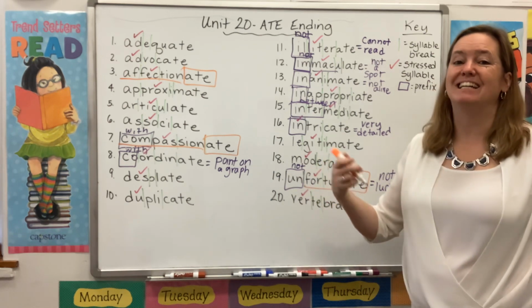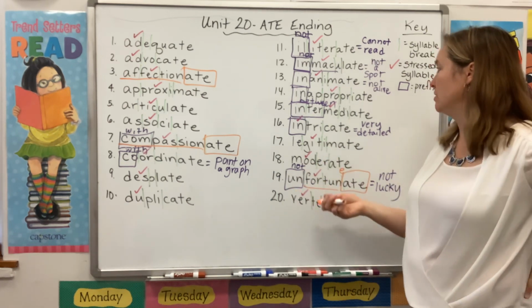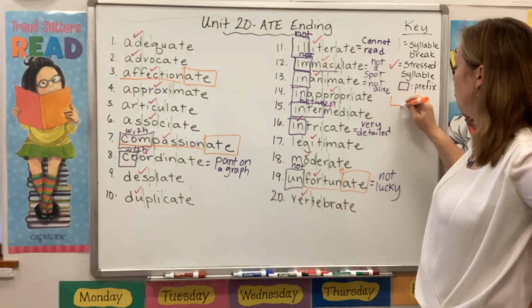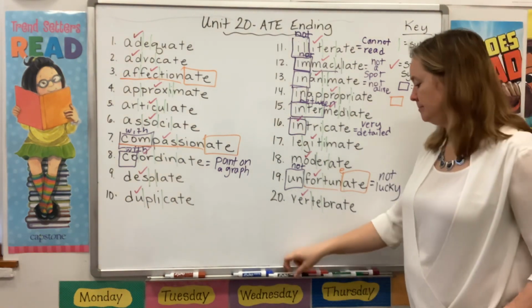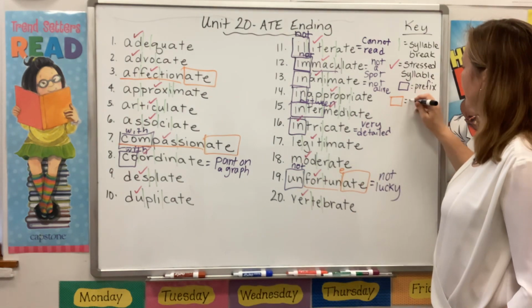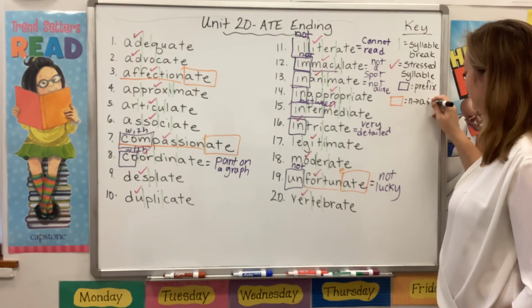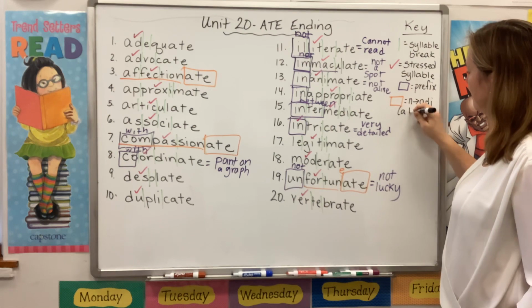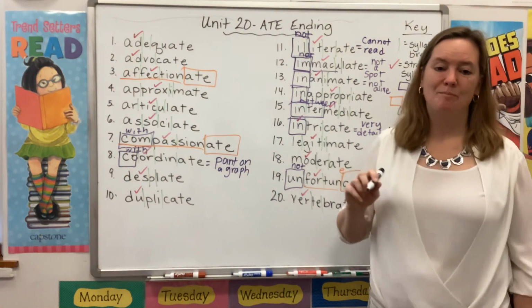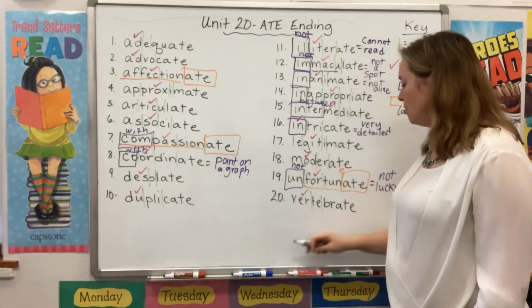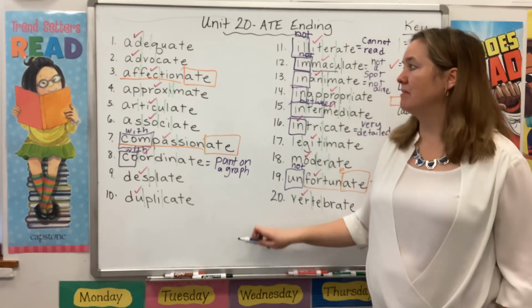So they're lacking good fortune or they're without good fortune. Okay, so over here, orange box, we changed a noun to an adjective by adding ate, okay? Now, I told you that only works some of the time.